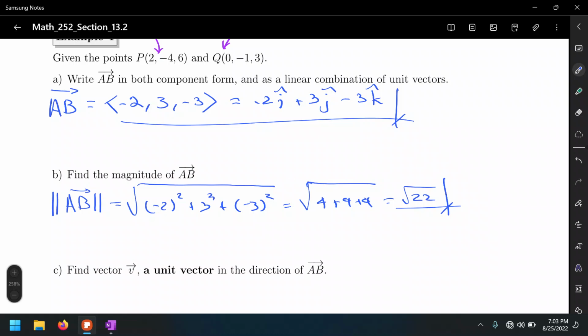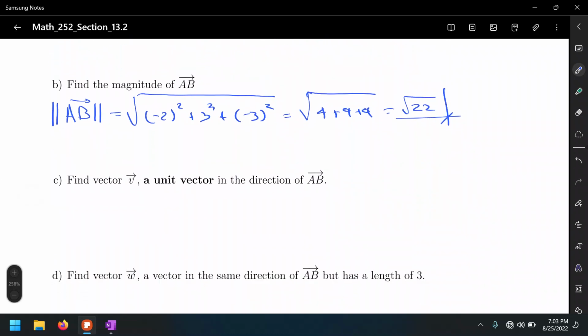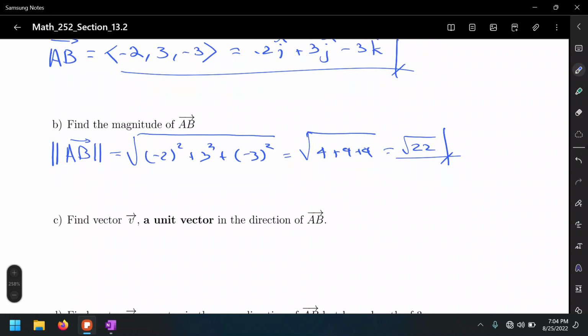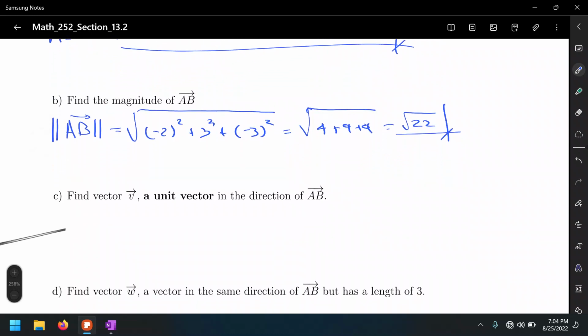We also discussed unit vectors in last time's lecture. The way we find unit vectors in 3 dimensions is exactly the same. Divide the components of the vector that we already found by the magnitude. We have a special notation for the unit vector, v with a hat, and that's the vector AB divided by its magnitude.